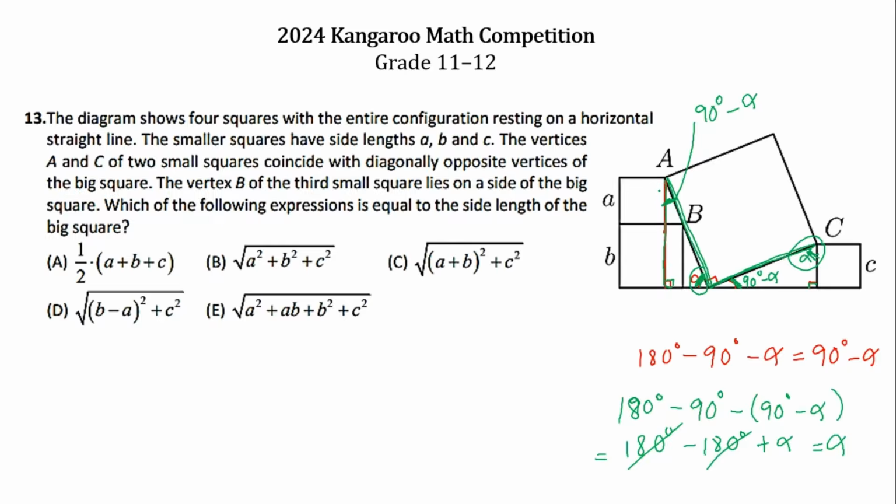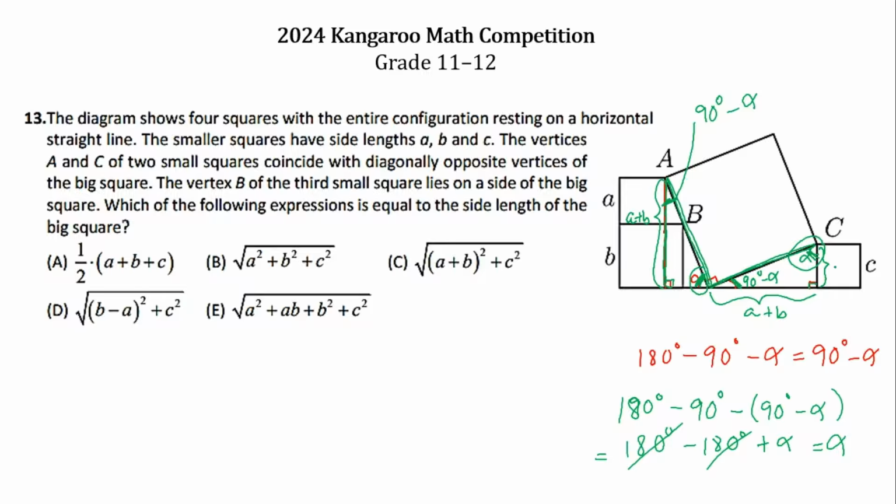Now, what's the measure of this side? The measure of that side is A plus B. And since they are congruent, the measure of this is also A plus B. Alright? Now, how about this side?